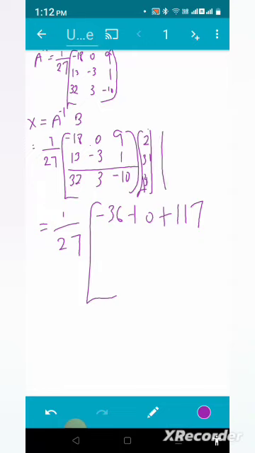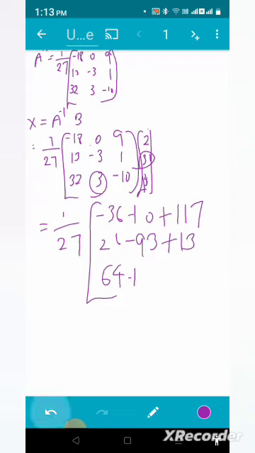Similarly, second row and column: 13 into 2 is 26, minus 3 into 31, that is minus 93 here. Then 1 into 13, that is plus 13 here. Similarly, third row, 32 into 2, that is 64, plus 3 into 31, it is plus 93 here, minus 10 into 13, that is minus 130 here.